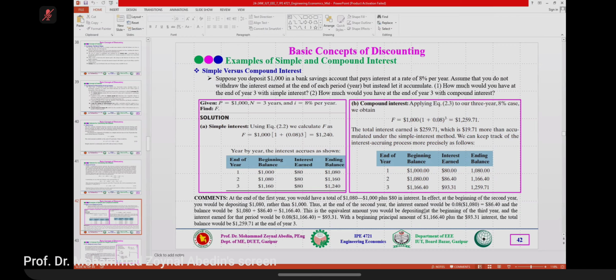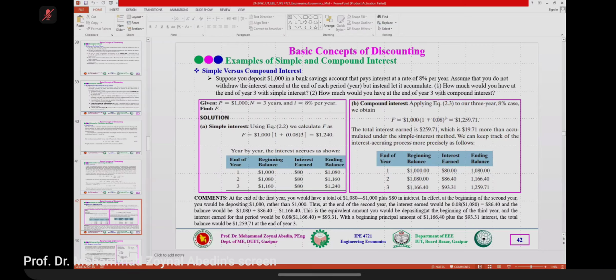You will not withdraw the money after 1 year; you just keep it in the bank, and every year the bank will give you interest at the same 8% rate. Number 1, how much would you have at the end of 3 years with the simple interest formula? Number 2, how much would you have at the end of year 3 with the compound interest formula?